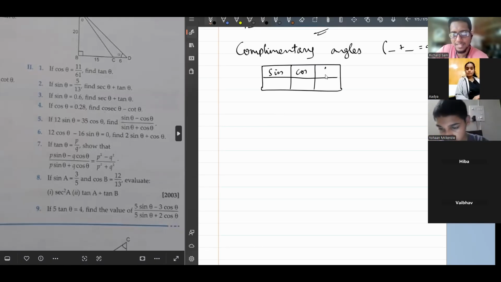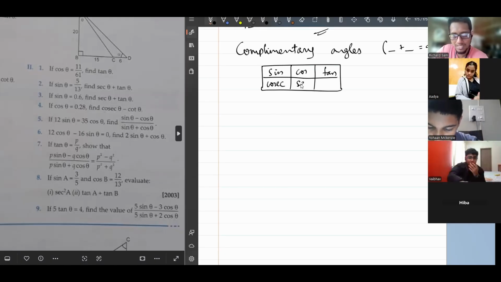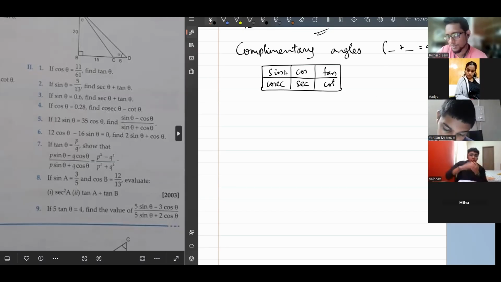So we have sine, cos, tan, our usual table, and the reciprocals, cosec, sec, and cot. Out of these 6 trigonometrical functions, two of each are complementary to each other. Sine and cos are complementary, tan and cot are complementary, and cosec and sec are complementary to each other.